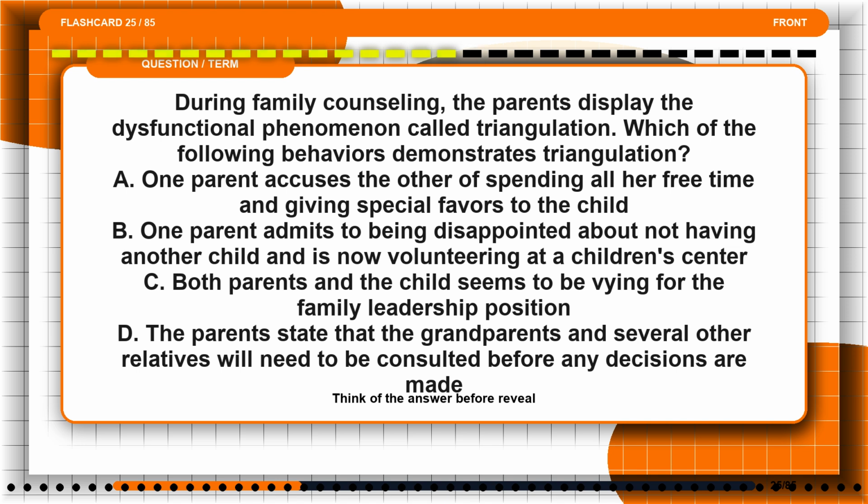B. One parent admits to being disappointed about not having another child and is now volunteering at a children's center. C. Both parents and the child seem to be vying for the family leadership position. D. The parents state that the grandparents and several other relatives will need to be consulted before any decisions are made. Think of the answer before the reveal.